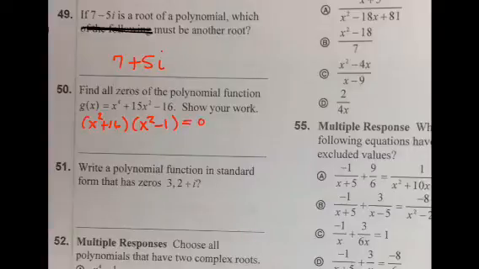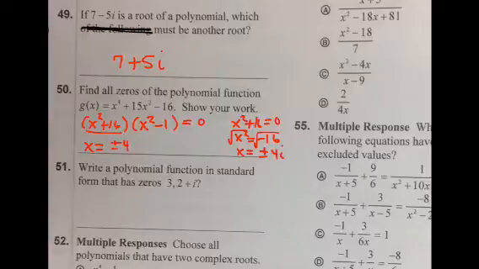Now for this one, you set this equal to 0, and you get x equals, let me show you the steps. Subtract 16, take the square root, so x is plus or minus 4i.